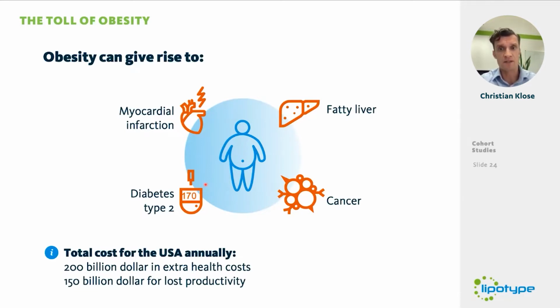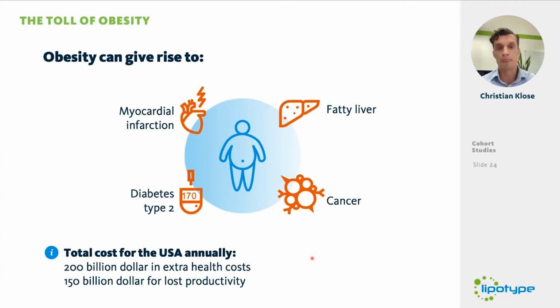It rather comes with really serious health problems. Obesity can give rise to, for example, myocardial infarction, fatty liver, diabetes type 2, but also cancer, which obviously reduces life expectancy and also is a huge economic problem. For example, in the United States, again, $200 billion of extra costs are generated for the health system because of this obesity pandemic.